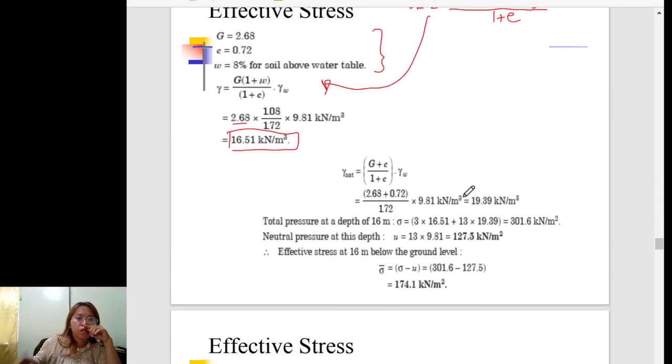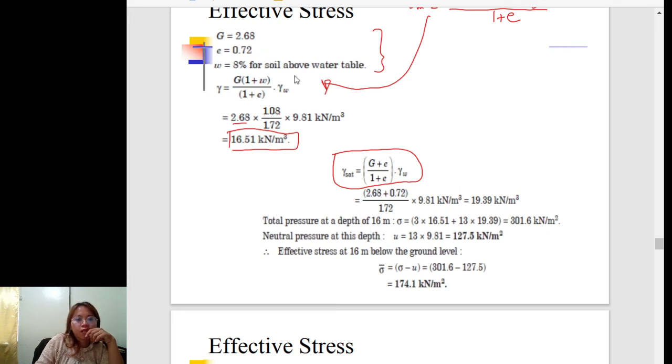The saturated unit weight formula is the specific gravity plus e, over 1 plus e, times the unit weight of water. So substitute the given values. This is the saturated unit weight.